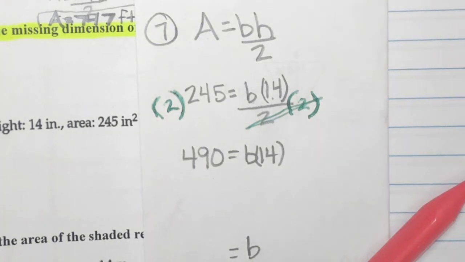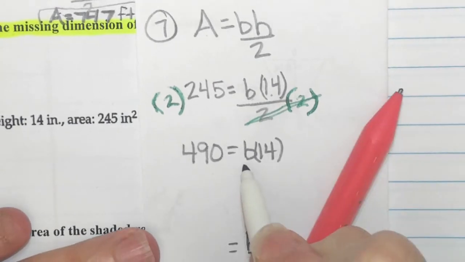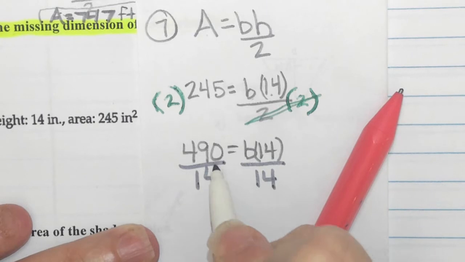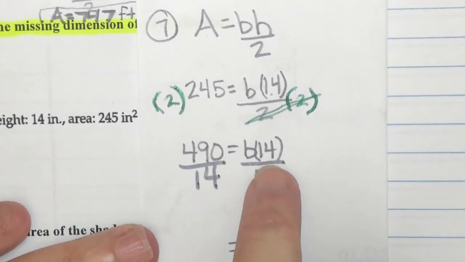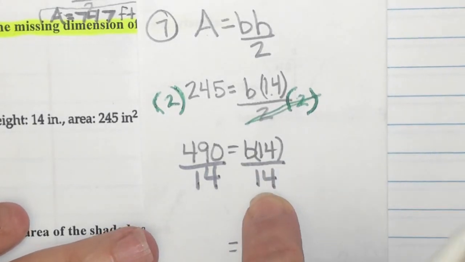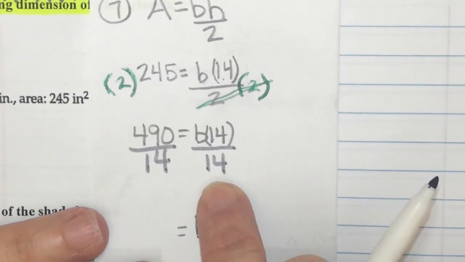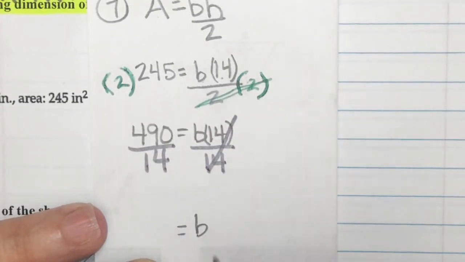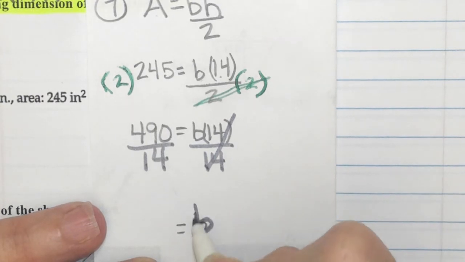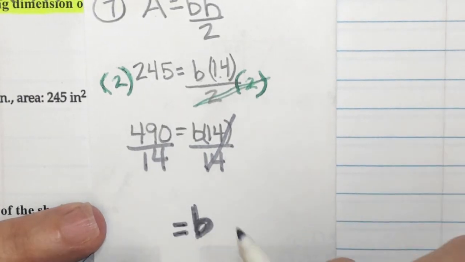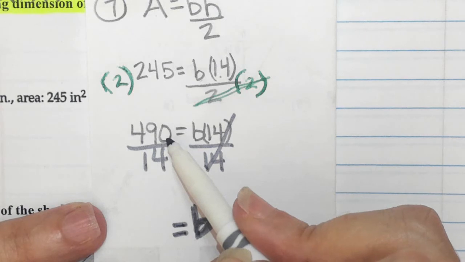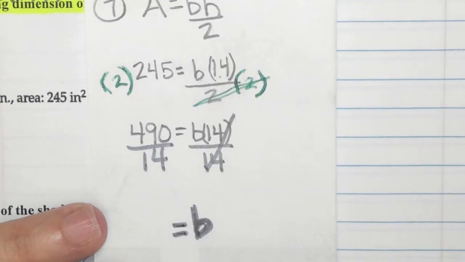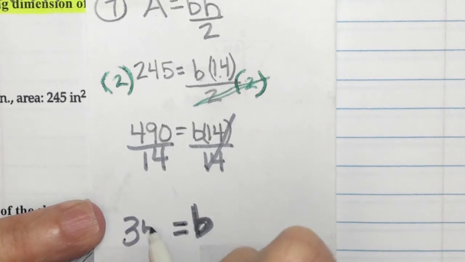So divide both sides by 14, because you're getting rid of that times 14 by dividing. The 2 that match get to go away. We are finally down to B all by itself. And 490 divided by 14, start at the top and go to the bottom, is 35.